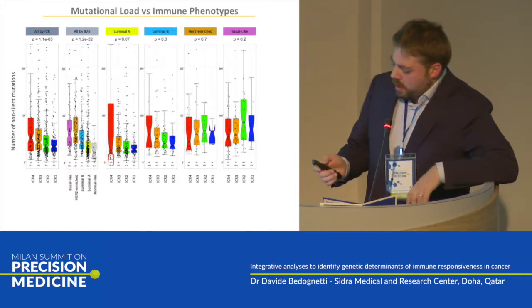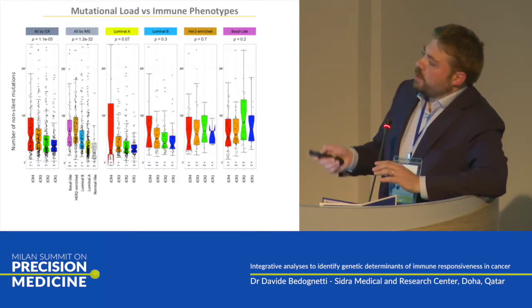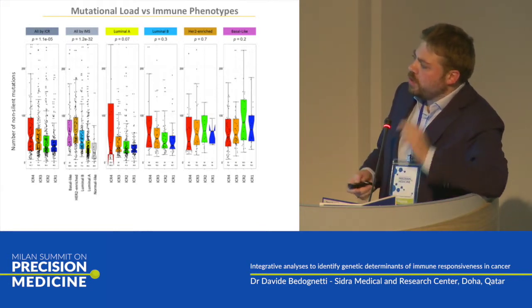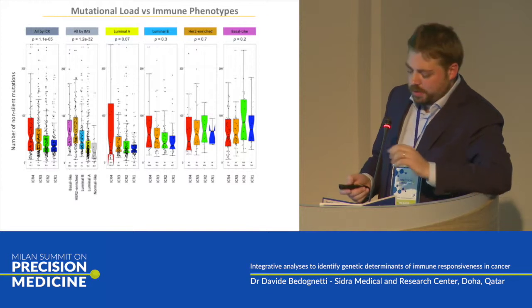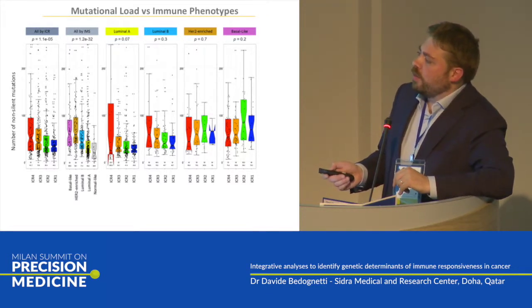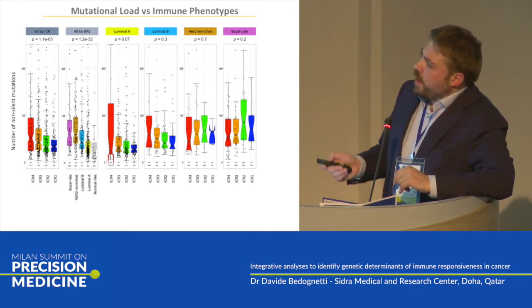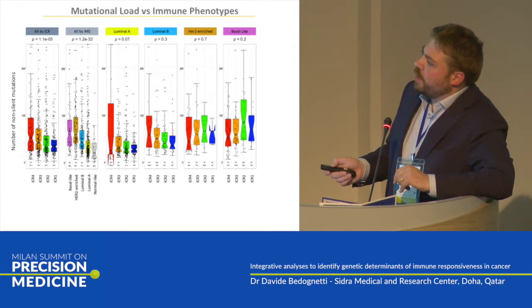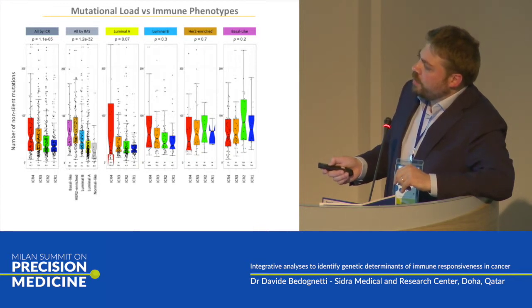The second is what about the mutational load? We know that the mutational load is associated with response to immunotherapy. And there was a trend, indeed significant, among the ICR subtypes, in the sense that the ICR4, the inflamed, had a higher level of mutation.